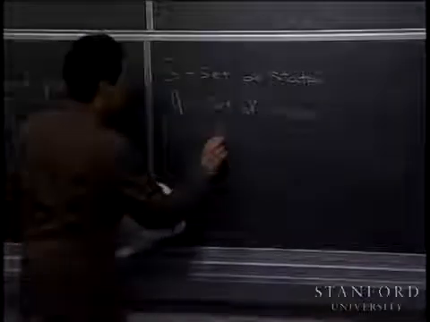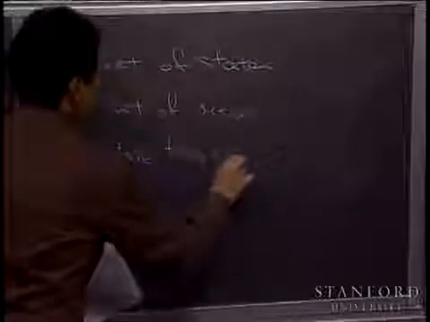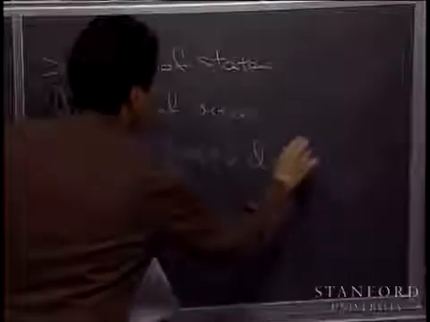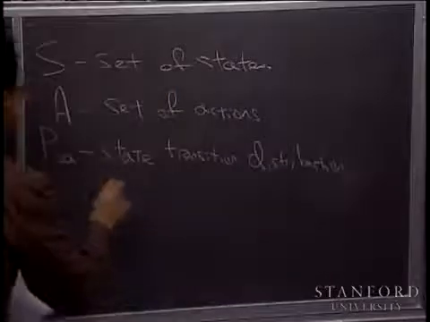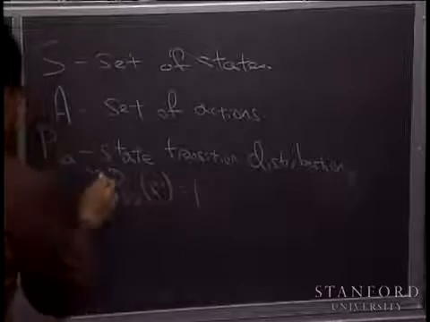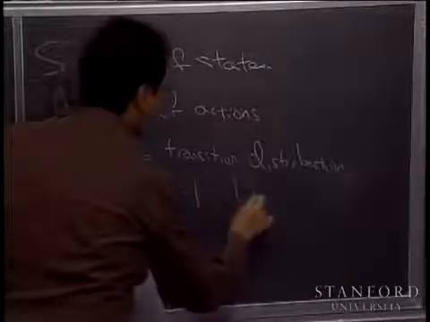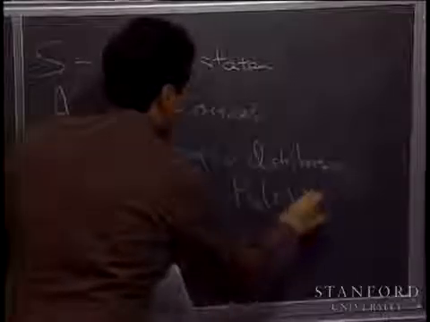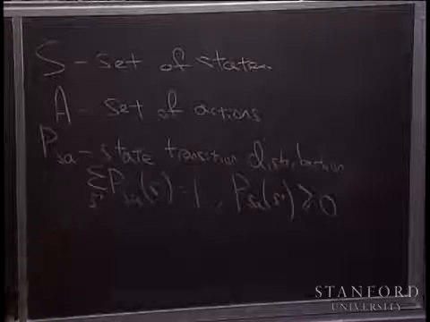P_SA are state transition distributions. So for each state and each action, this is a probability distribution. So the sum over S prime of P_SA(S prime) equals 1, and P_SA(S prime) is greater than or equal to 0.